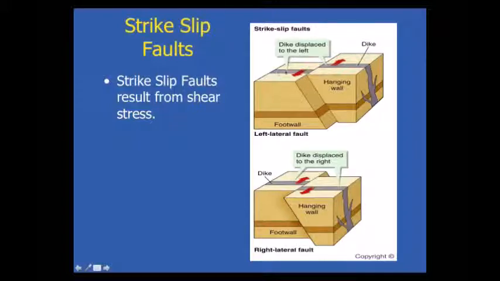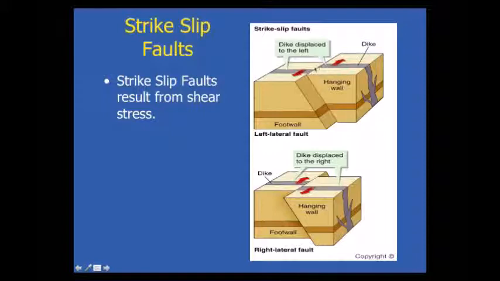In this diagram, there's a block of the crust, and there is a straight line feature that crosses the fault. In this case, it's a dike, which is an intrusive igneous body, but it could be a road, a fence, a stream, or any kind of feature at land surface.